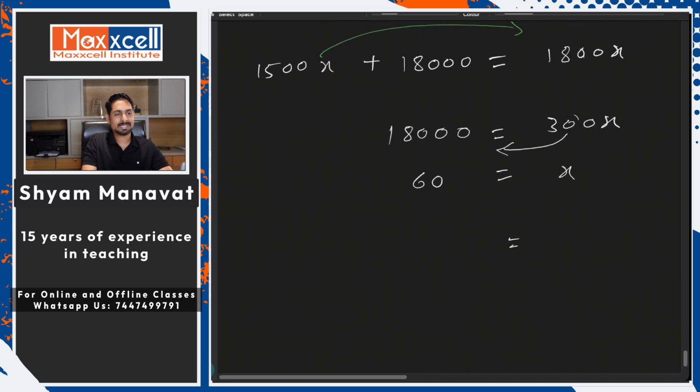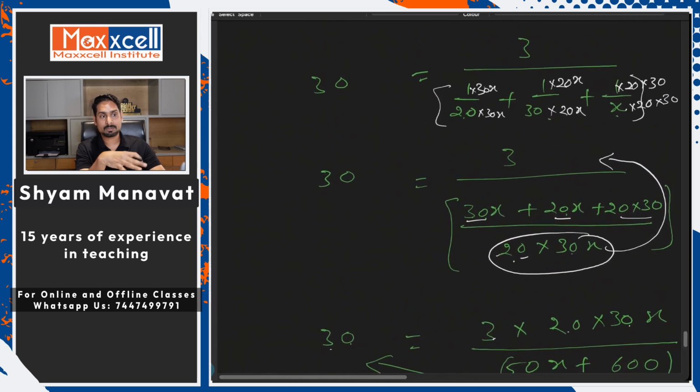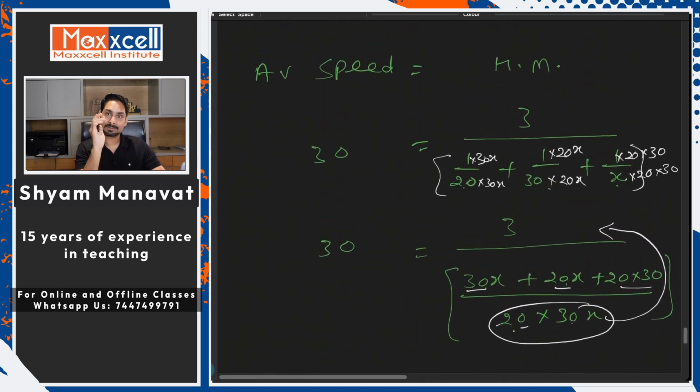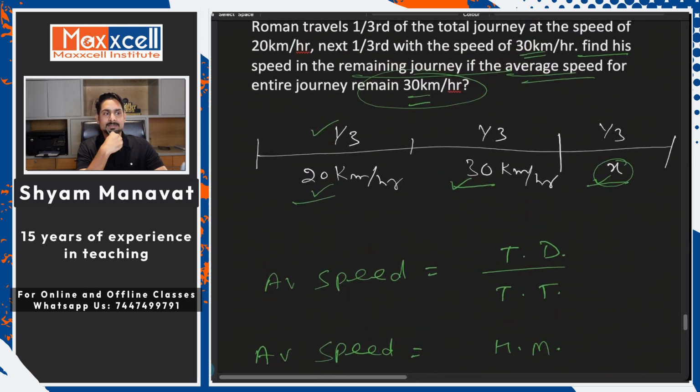So the speed in the third segment should be 60 km per hour, right? I'm leaving this equation solving up to you. If you still face any problem in solving this kind of equation, you can always write in comments. I will simplify this further. So x is what? 60 kilometers per hour, right?